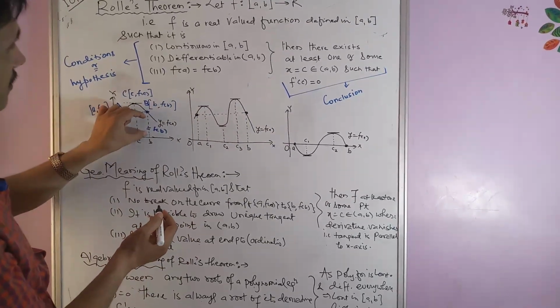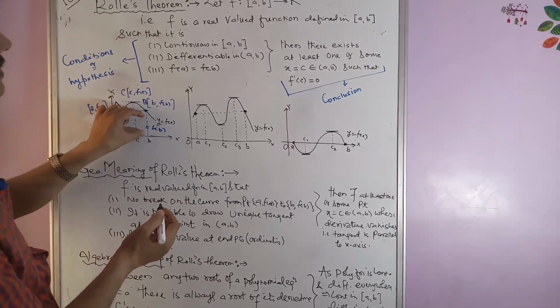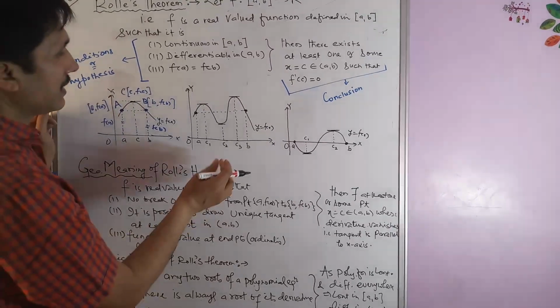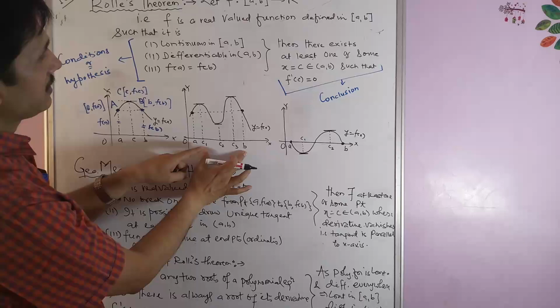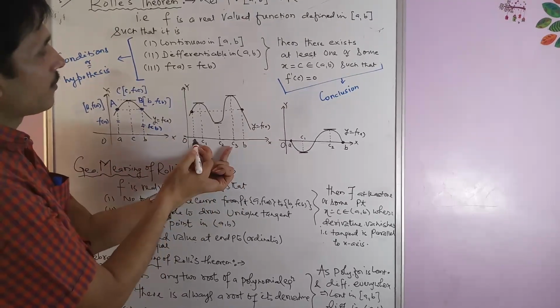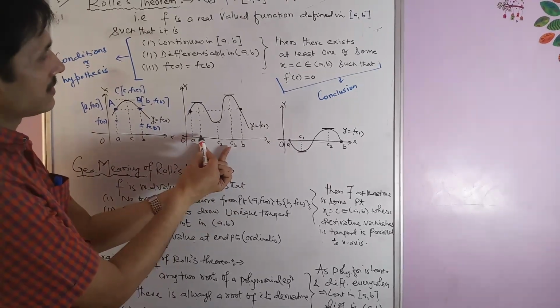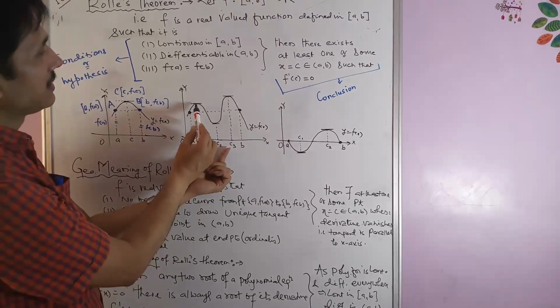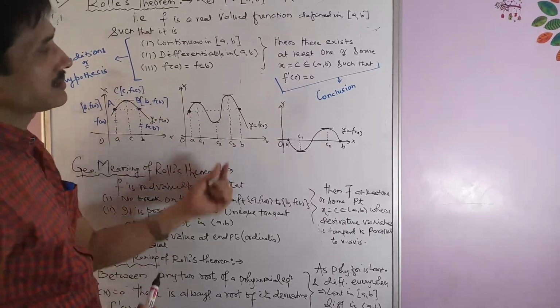These three conditions are fulfilled. Then between a and b, we have at least one point; here c1, c2, c3, where the tangent is parallel to the x-axis.